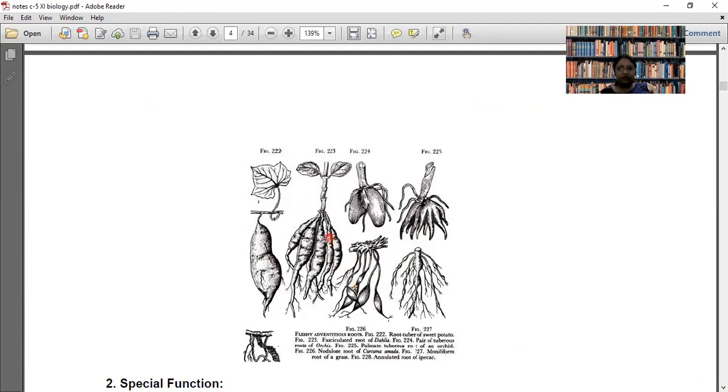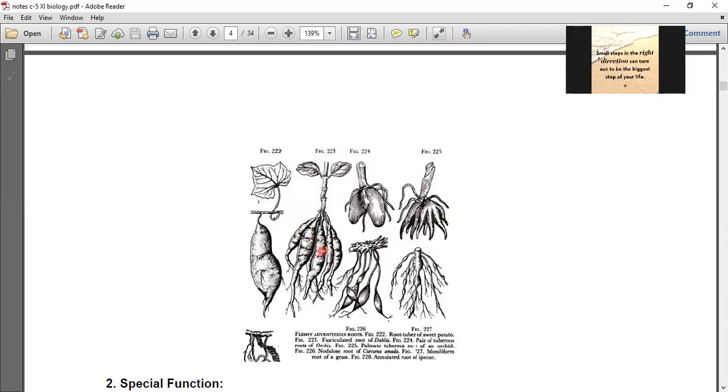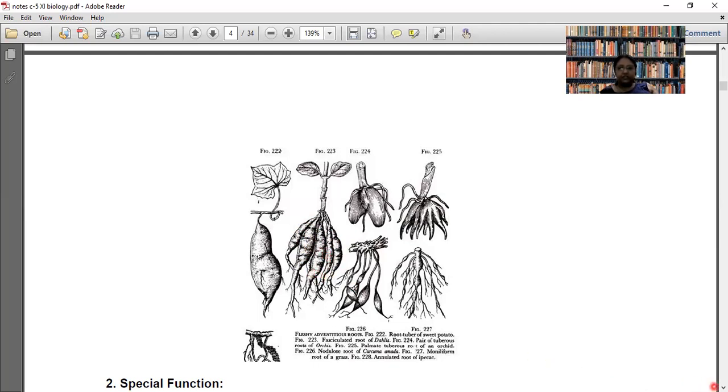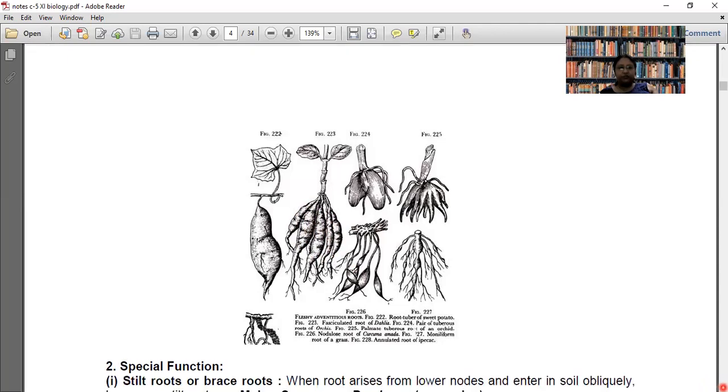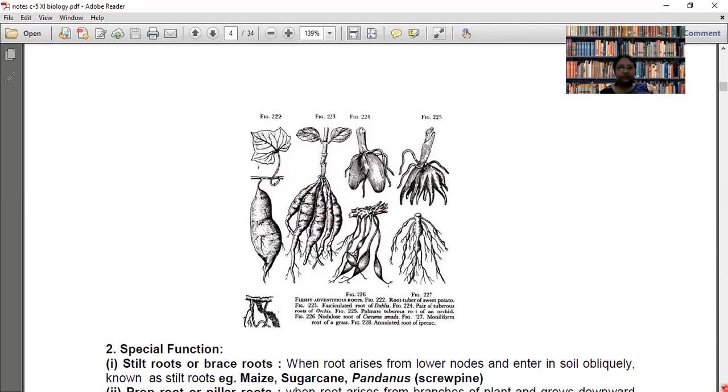Okay, see how adventitious roots are fasciculated. Fasciculated means each root has stored food material, that's why they are in a bunch. Is this part clear? Obviously with diagrams only, beta, you have to remember, otherwise it is difficult.